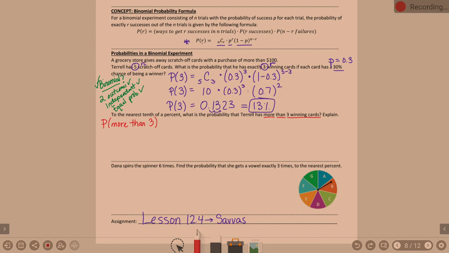Okay. Probability of more than 3. What numbers are more than 3? And in this scenario, since we're picking from 5, that is 4 and 5. So what we're going to do here is we need to go use that formula to find 4 and 5. Okay? So I'm going to do that over here.